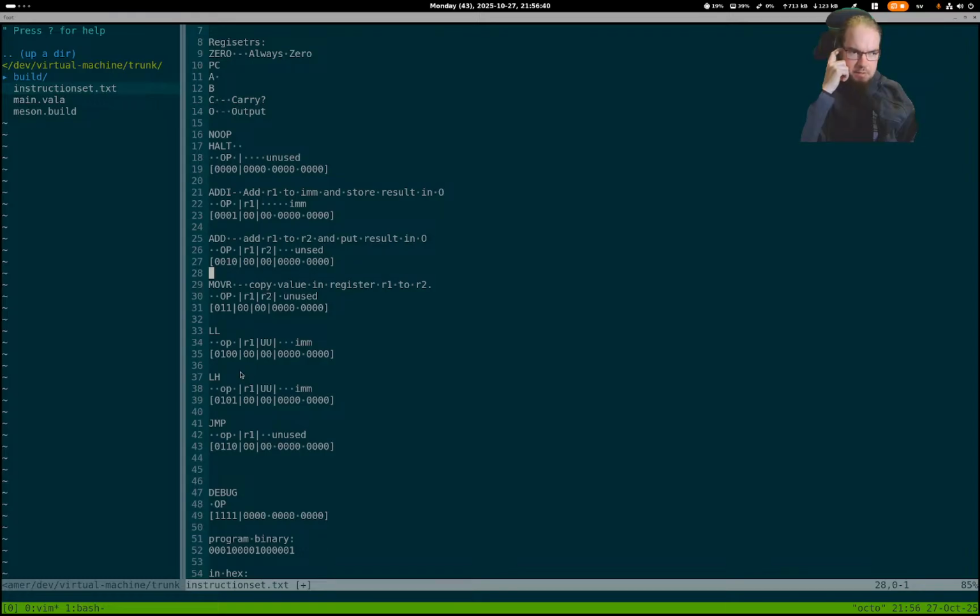What do we need more? We basically need a branch instruction, branch if 0, I think. What is it called? B, branch if 0.